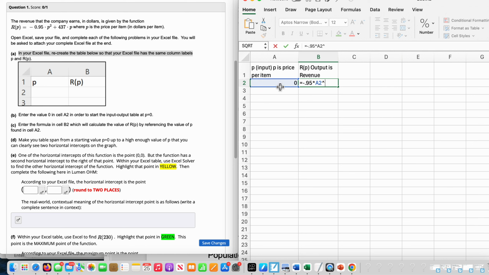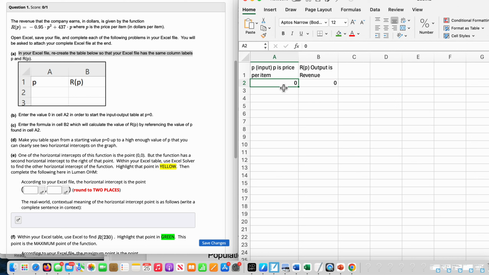Price raised to the second power, plus 437, I got that from here, times price, which is here, P. So I've used cell referencing. I'm going to hit enter, and that makes sense because I have negative 0.95 times P squared plus 437 times P. When I multiply that out, when the price is 0, the revenue is 0.